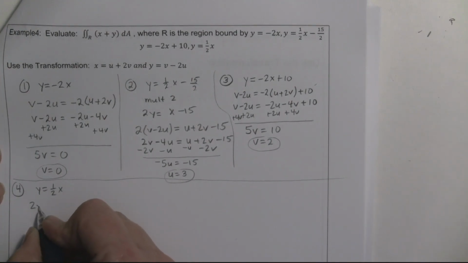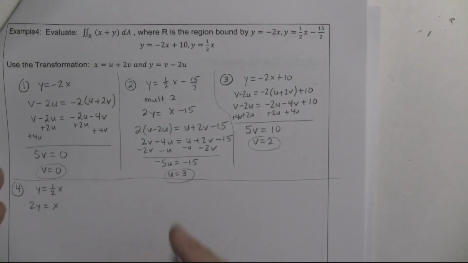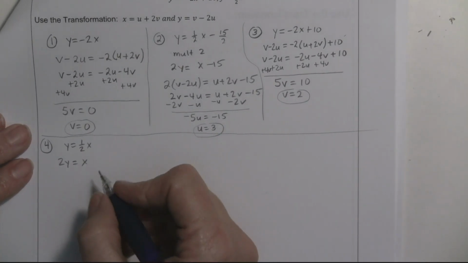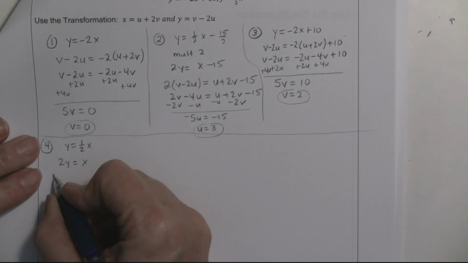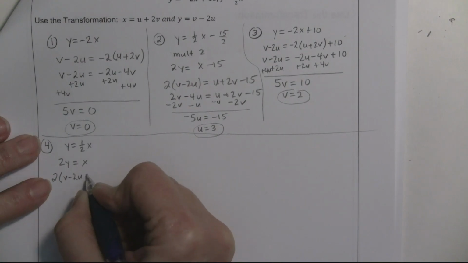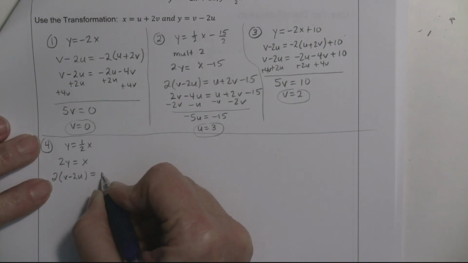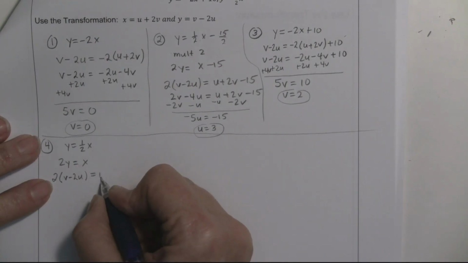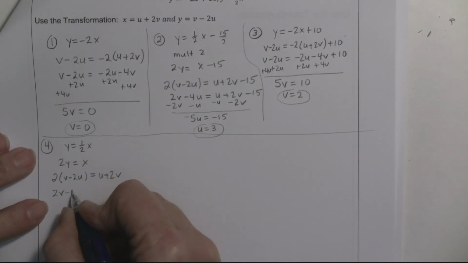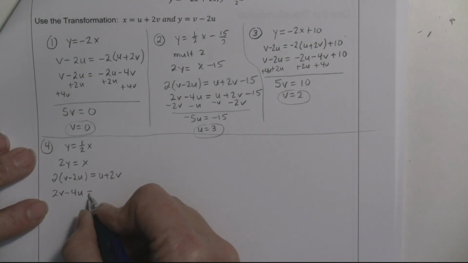I'm going to multiply and have 2y equals x. That's just easier to deal with, multiplying by 2. And then I'm plugging in y, what y was under our transformation, and what x is under our transformation. And then I'm solving it to make it look a little bit nicer.